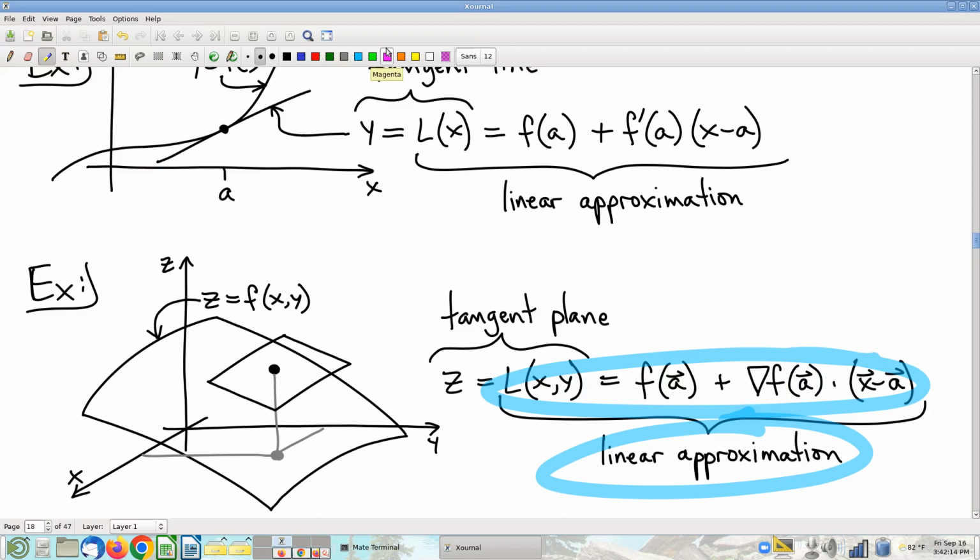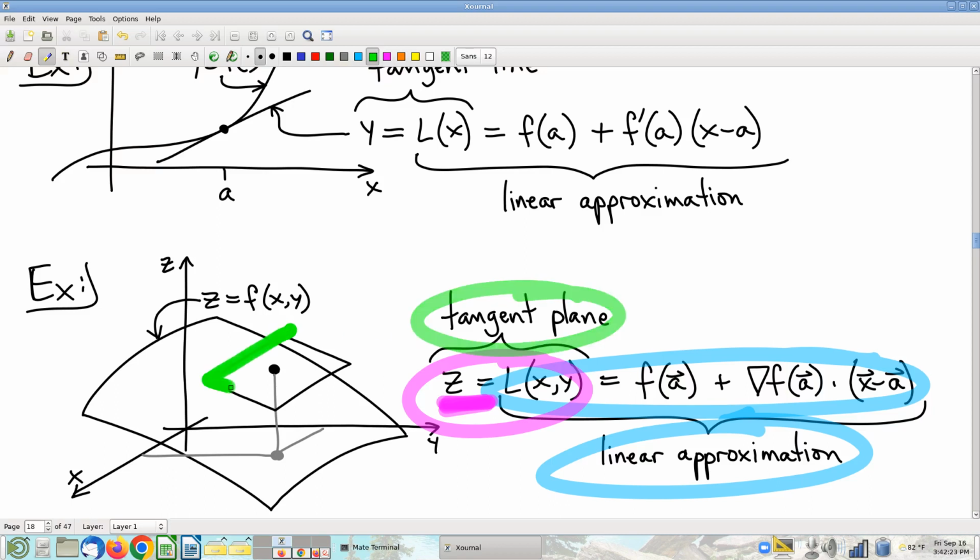Its graph is what we call the tangent plane now, not the tangent line. I know it's a plane because you can look at the formula, right? This graph is a graph of a function of two variables. That's not going to be a curve, it's going to be a surface. So being linear, this is a tangent plane.